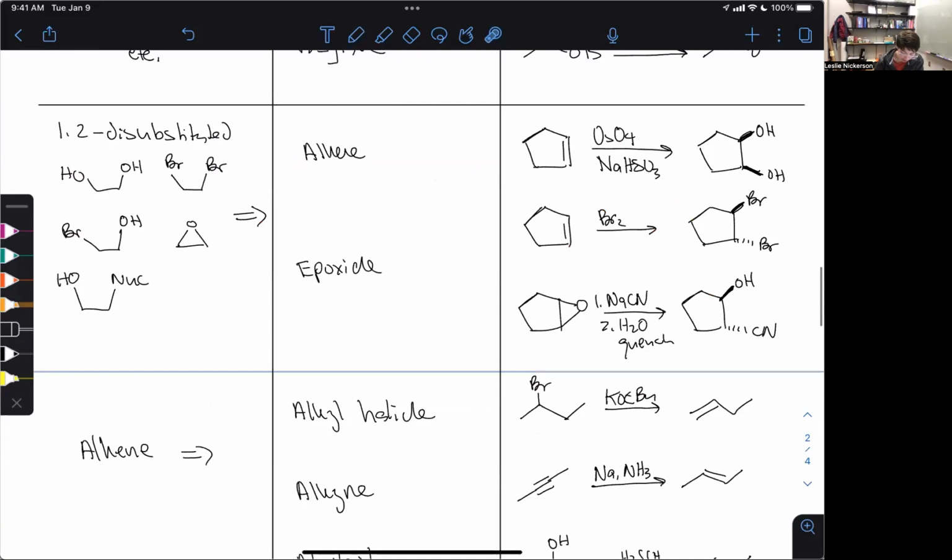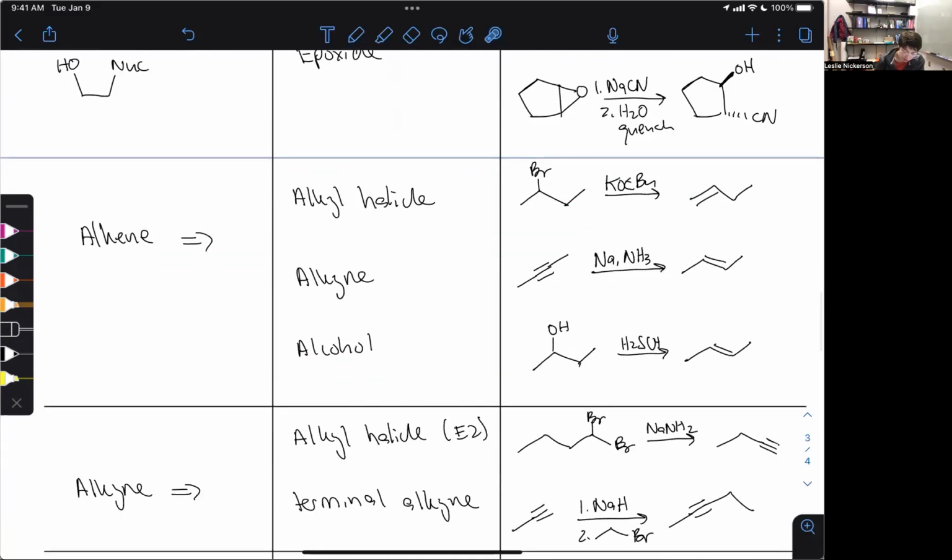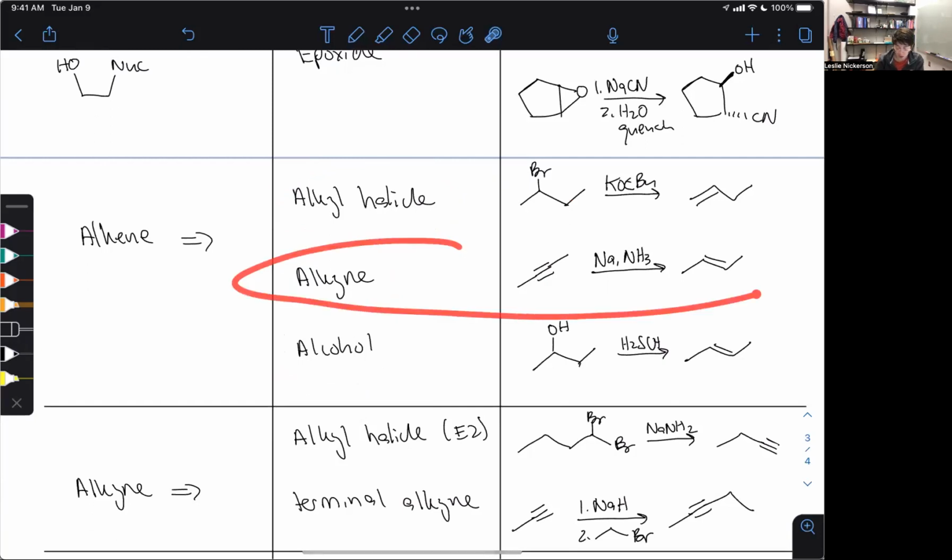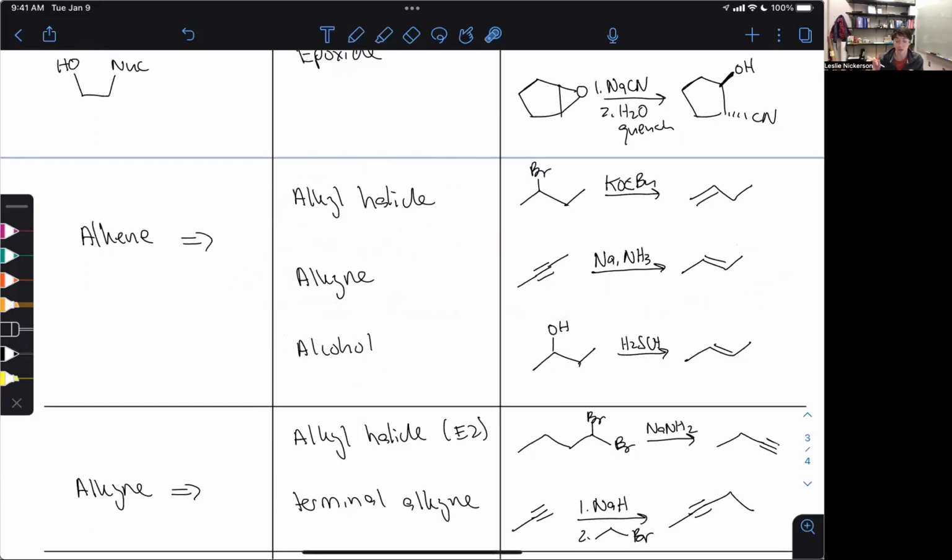And if we look at the alkene section, we can see, okay, I can make that from an alkyl halide, an alkyne, or an alcohol. But we've already said we probably need to have an alkyne here at some point. So let's focus on that stage, right?